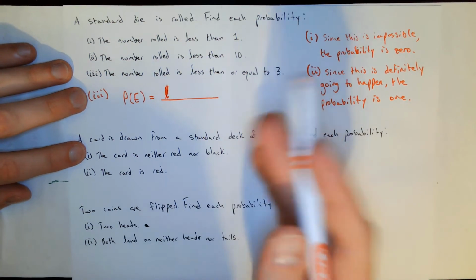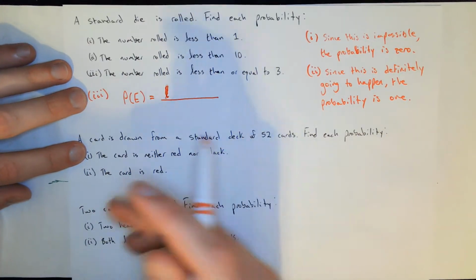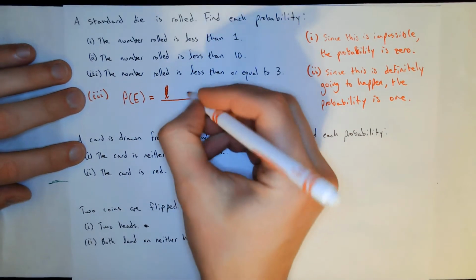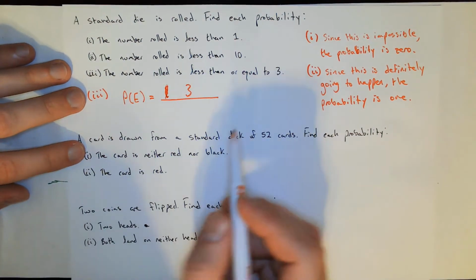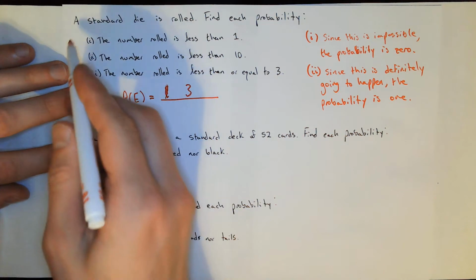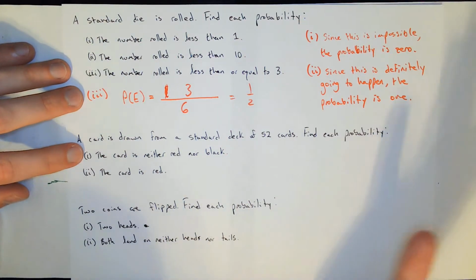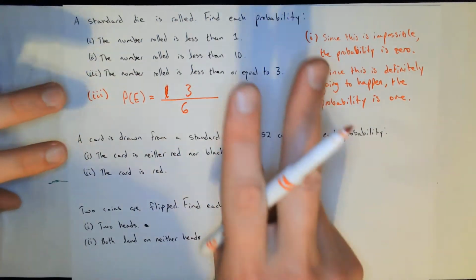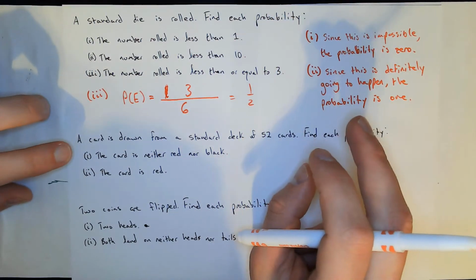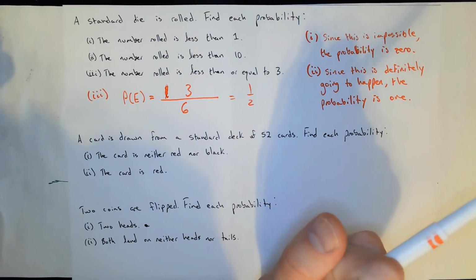Okay, so in the top, I want to have this situation represented. How many numbers can you roll where it's less than or equal to 3? Well, 3, 2, or 1. That's 3 numbers. Okay. How many possible rolls can you get? 6, right? Because it's a standard die. So 3 out of 6 is 1/2. Technically, 3 represents the size of the event space, and the 6 represents the size of the sample space.